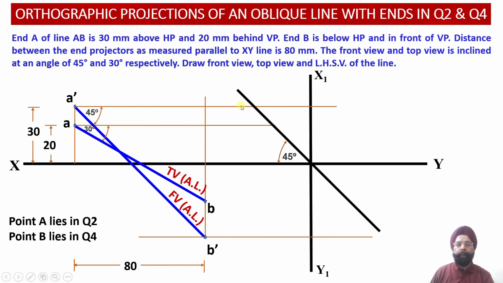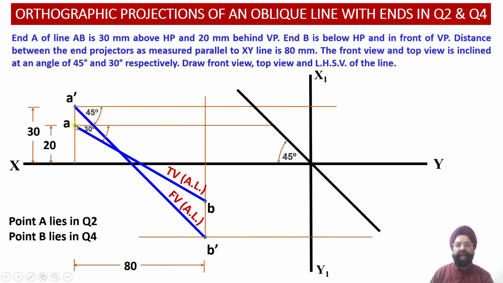That is, the point A double dash will be located at the same height as that of the point A dash. So from A dash, what we have done? We have drawn a horizontal projection line such that onto this particular horizontal projection line, we should be able to locate the point A double dash over here in the profile plane. Now, how do we obtain the A double dash point?